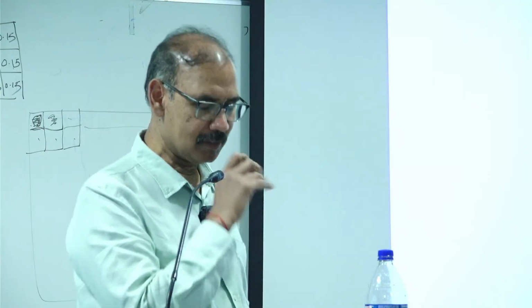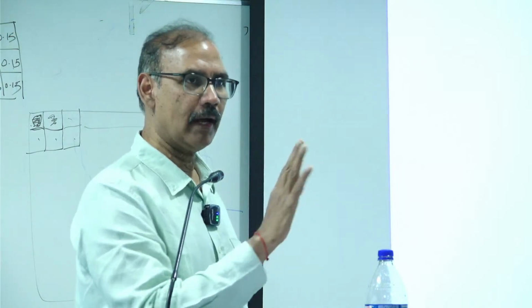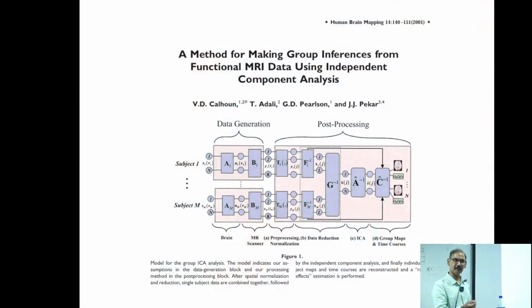But again, in resting state, these are random, I should say spontaneous signals unique to a person and the time when the data was acquired. We cannot average it, right?